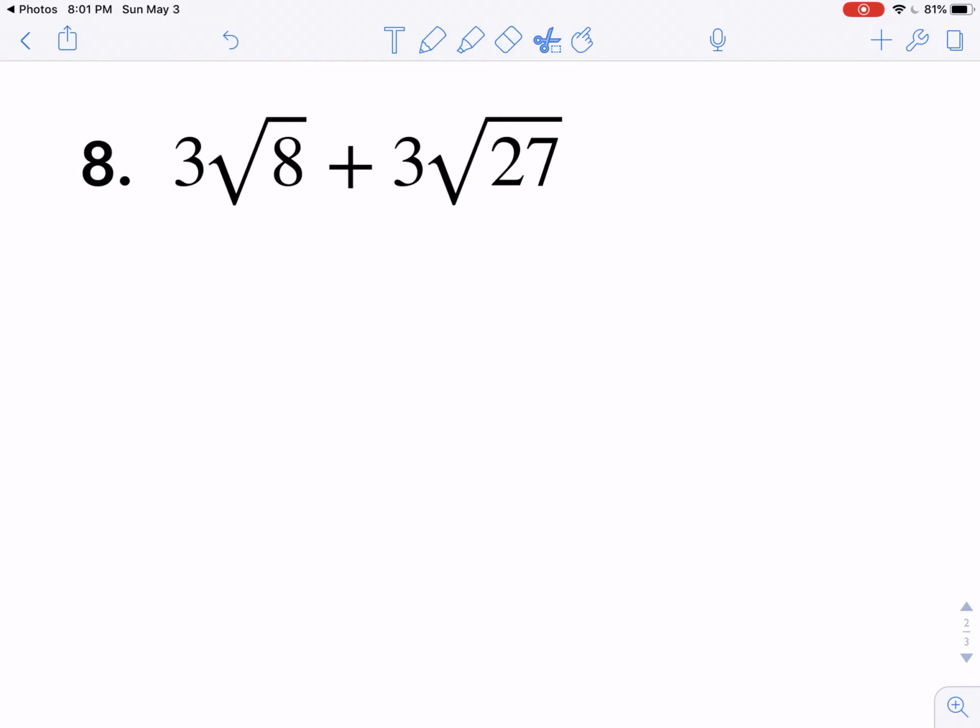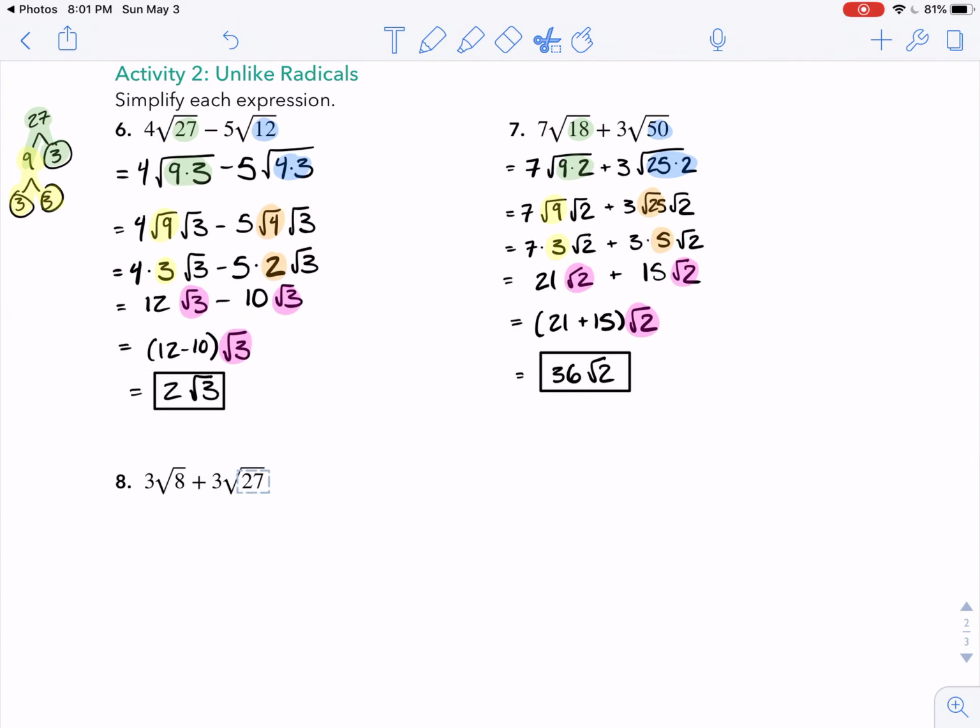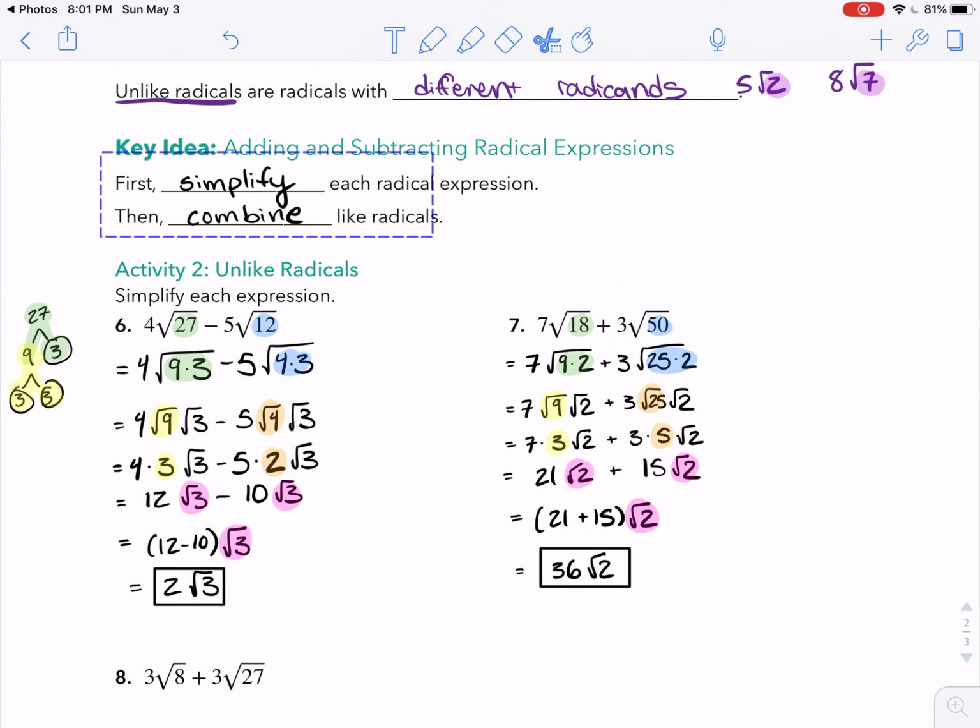Right now we already don't have like radicals, but that's nothing new to us. We already started out with unlike radicals. So let's, again, follow our steps, simplify the radicals, and combine like radicals, because we like them, because they're the same.